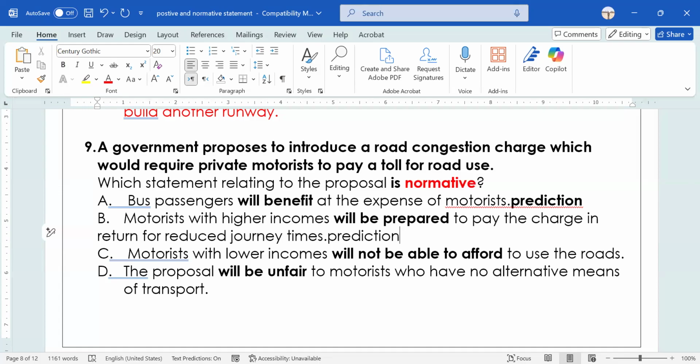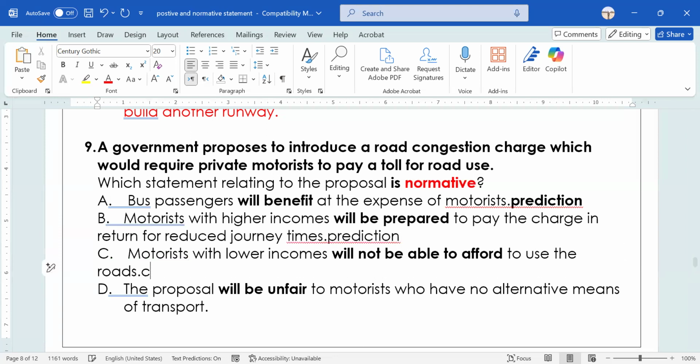And it can be studied using the survey, it can be studied using the traffic data. So again, there will be some evidences to support this statement. Okay, letter C. Motorists with lower incomes will not be able to afford to use the roads. So this one is a claim.